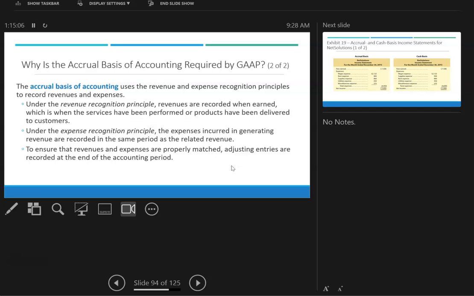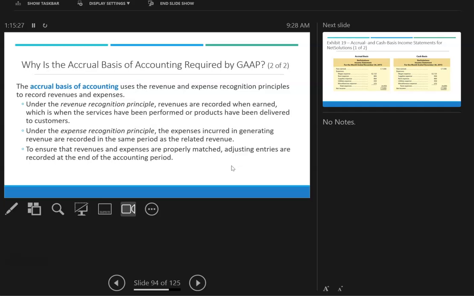And so we want to make sure we're matching our revenues along with the costs that were incurred to make them. The accrual basis of accounting uses the revenue and expense recognition principles to record revenues and expenses. Revenues are recorded when earned, which is when the services have been performed or the products have been delivered.